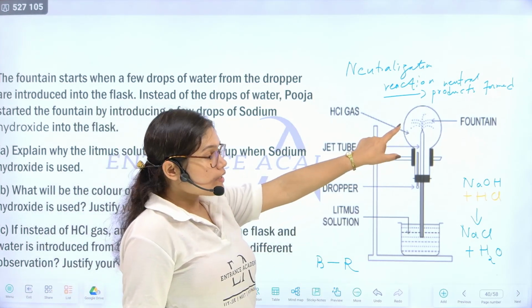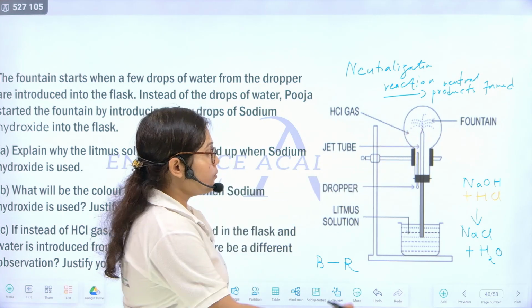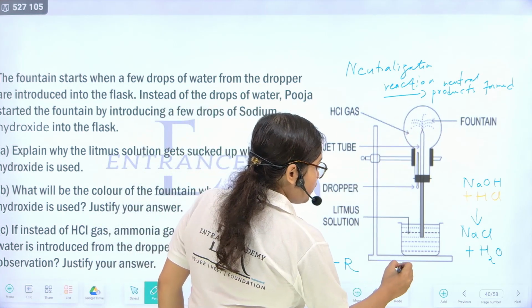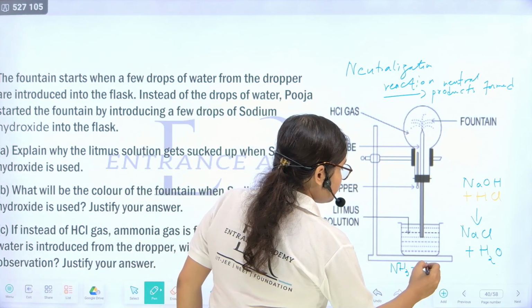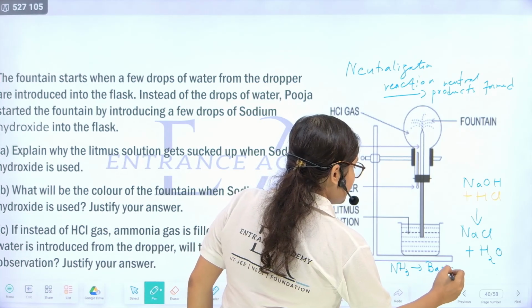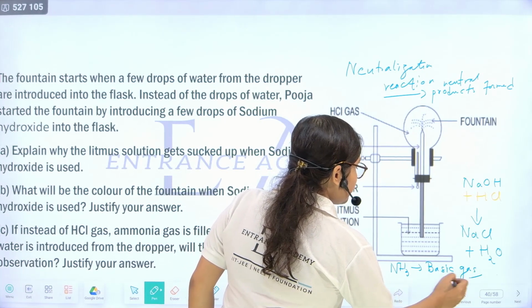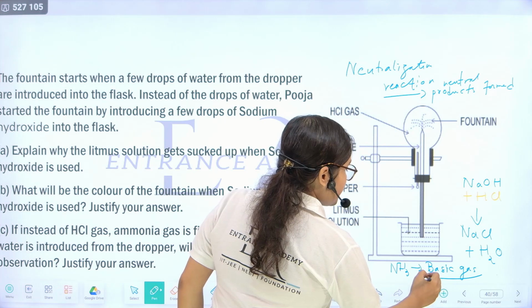If ammonia gas is present, ammonia is basic in nature, a basic gas.